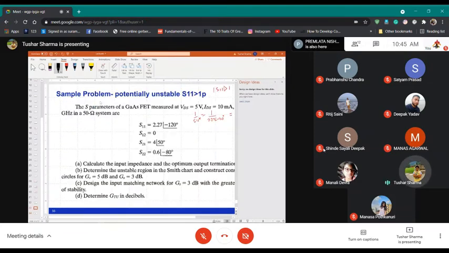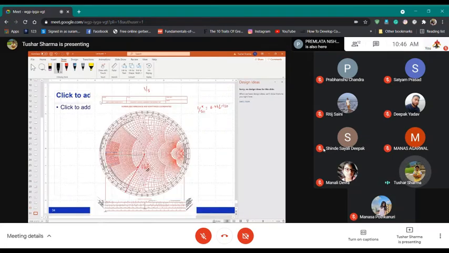What I have to do is calculate the input impedance. Once you have marked this 1 over S11 conjugate, you will then read the value of your impedances here. So this is 0.5 and this is approximately 0.6, 0.5, yeah, it's approximately here.